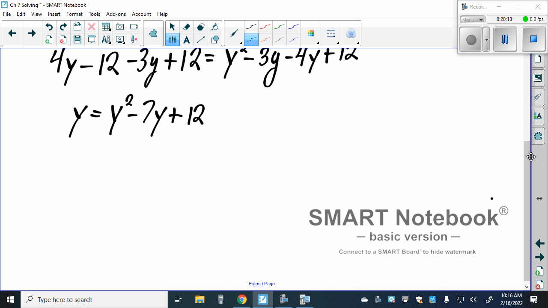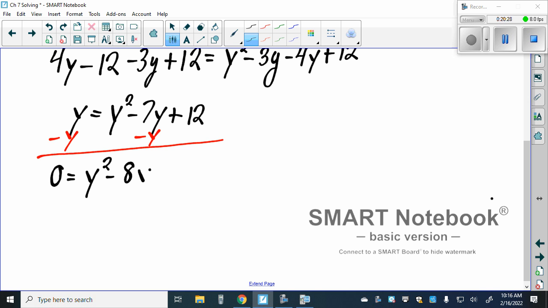Okay, well, we can subtract y from both sides, which tells us that 0 is equal to y squared minus 8y plus 12. And at this point, we can graph it or factor it, either way.